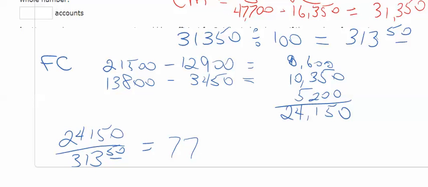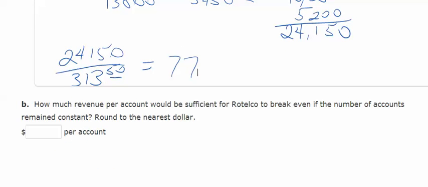Now there's a part B to this question. Let me capture that. Part B, how much revenue per account would be sufficient for Rotelco to break even if the number of accounts remained consistent? So the question is how much would I really need based on 100 accounts just to break even?